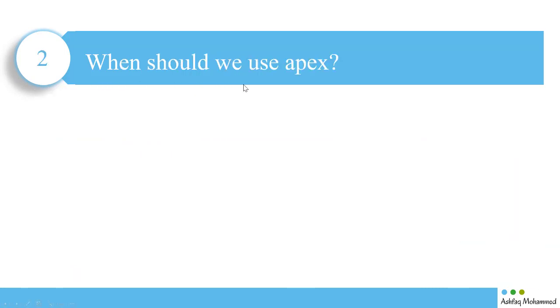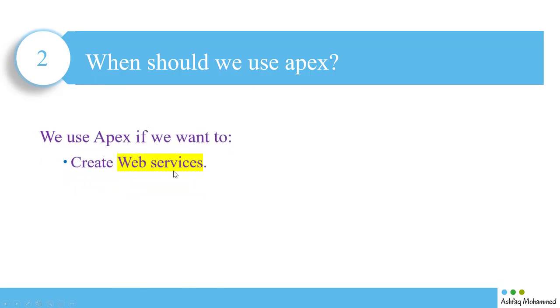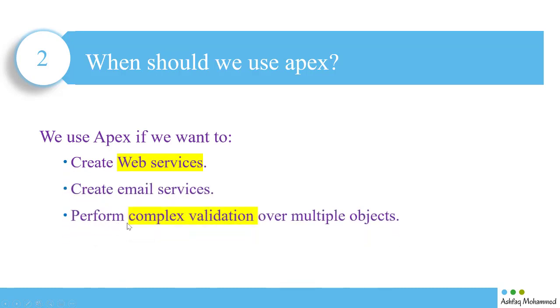The second question is, when should we use Apex? We use Apex if you want to create web services, if you want to create email services, or if you want to perform complex validation over multiple objects. So if you want to write complex business logic, then we can use Apex as well.